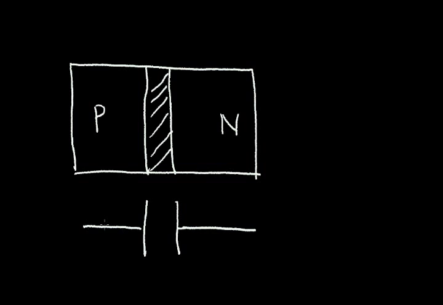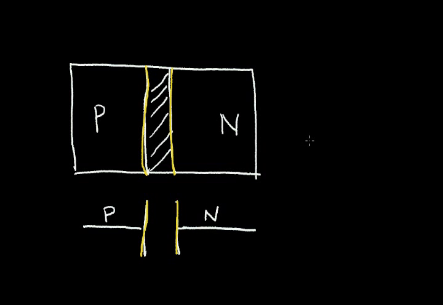I have a P terminal, I have an N terminal. This region can be thought of as a plate on a capacitor. This N region can be thought of as a plate. So I have a plate and a plate. So this P-N junction has the characteristics of a capacitor.